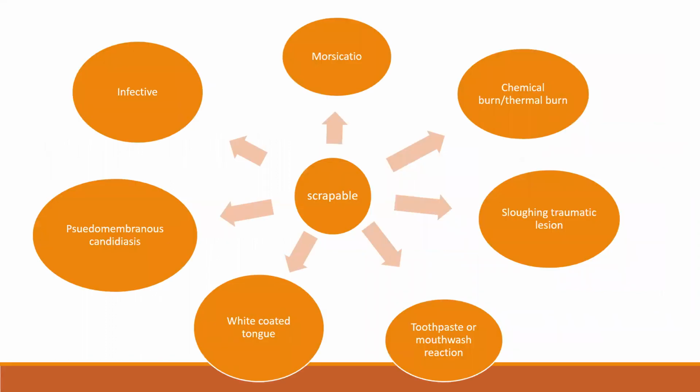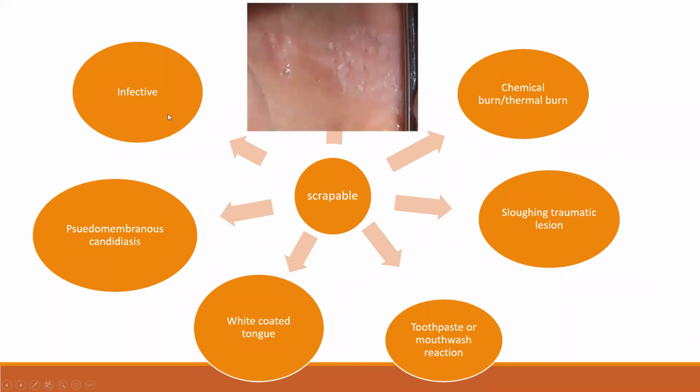So just to wrap up, all the scrapable lesions: we had first morsicatio buccarum, which can occur on the labial mucosa as well. Then all types of insults like chemical, thermal, iatrogenic, where a cotton roll is kept against the mucosa, or a change in toothpaste or mouthwash. Then white coated tongue, pseudomembranous candidiasis, and infective lesions.